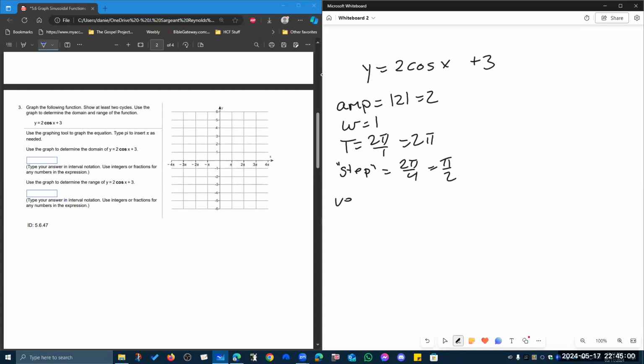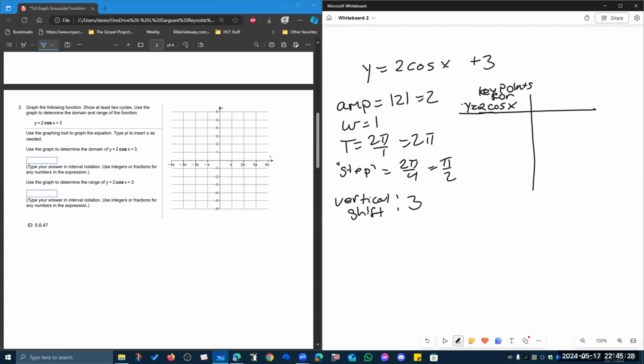And my vertical shift is going to be 3. So I'm going to start off with the key points for 2 cosine x.